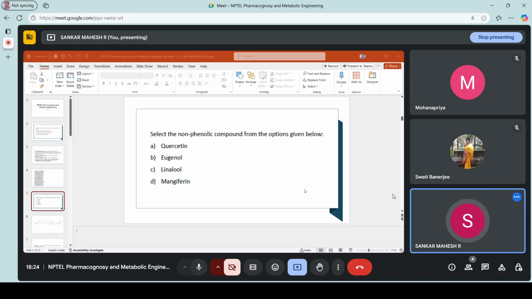One of that is mentioned here, which is the non-phenolic compound. If you can recall what was discussed in the past 2 weeks, that might help you. In the next slide, I will be showing the structures, which will make it easier for us to identify the non-phenolic compounds.